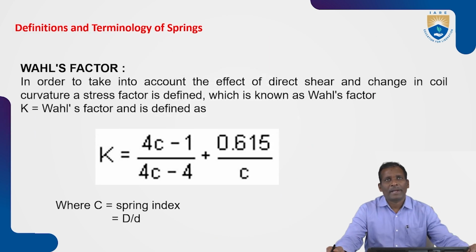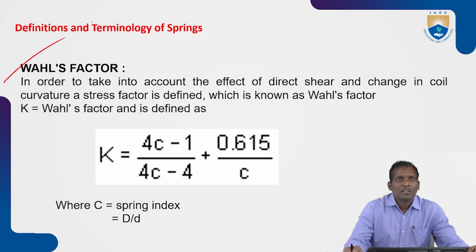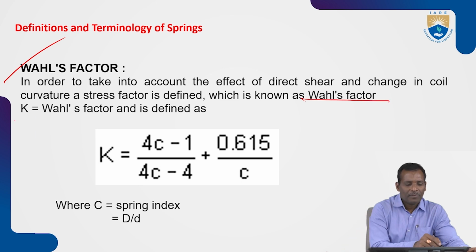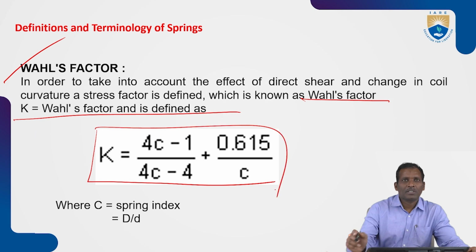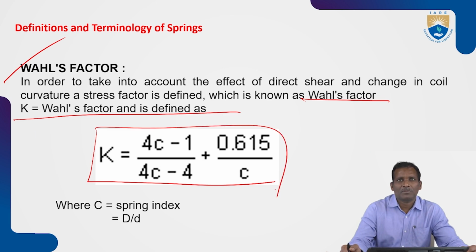So next, Wahl's factor. What is this Wahl's factor? In order to take into account the effect of direct shear and a change in coil curvature, a stress factor is defined. That is known as the Wahl's factor. So the Wahl's factor is (4C minus 1) by (4C minus 4) plus 0.615 by C. What is C here?